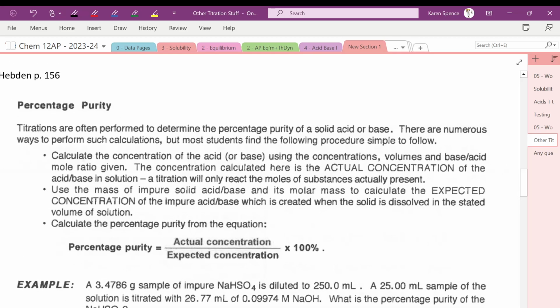Titrations are often performed to find the percent purity of a solid acid or base. There are many, many different ways to do this calculation, but most students find this procedure the simplest to follow.